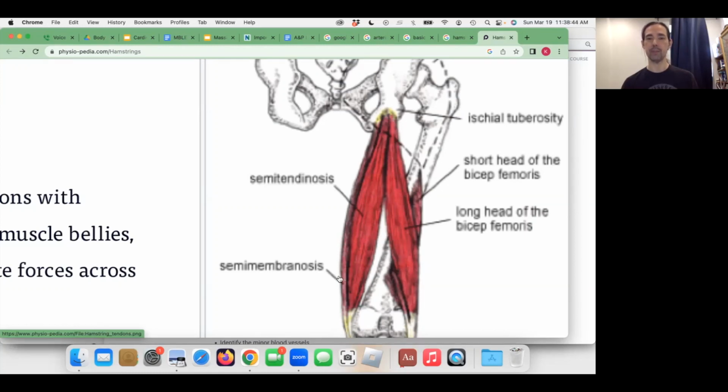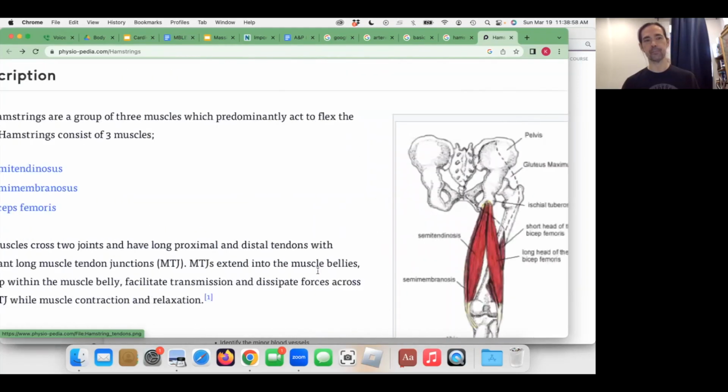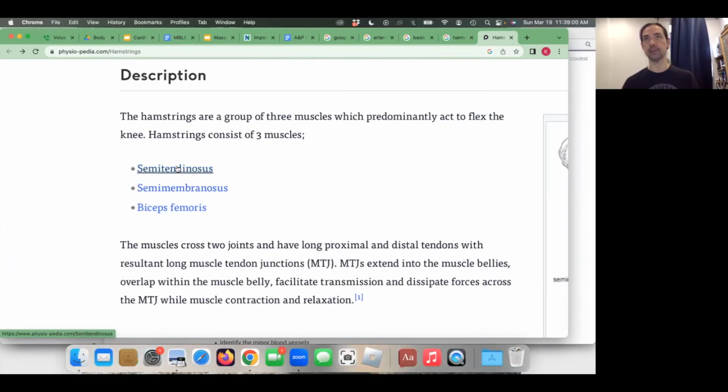Semitendinosus, semimembranosus. I don't know why they named them that way. Someone thought that this strongly resembled tendinous fibers. Maybe there's more tendinous fibers in one. Someone thought that the membranosus resembled a membrane. Muscles are often named after their shape, how they move, their size, like magnus, minimus, longus, brevis.